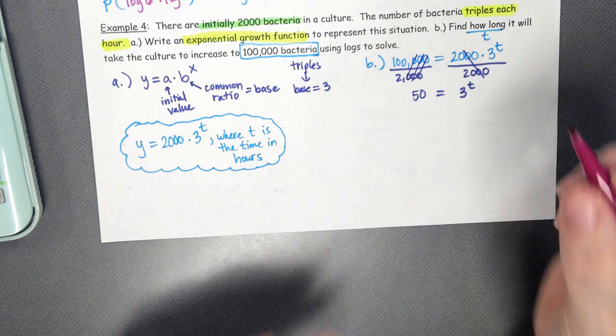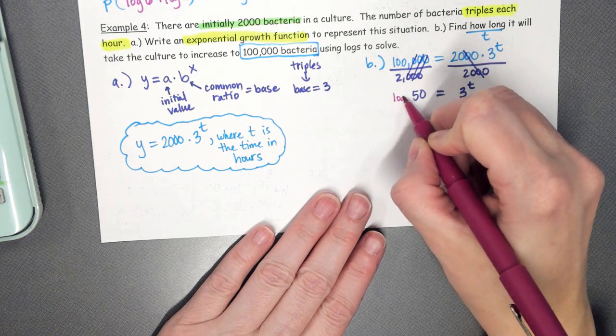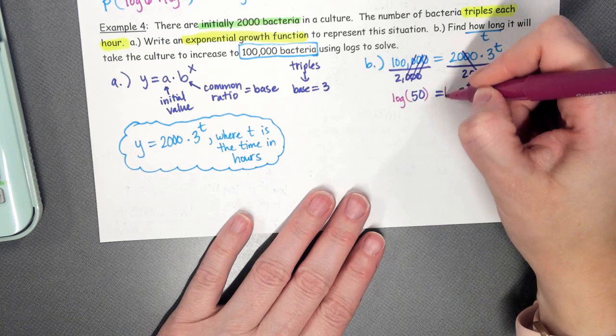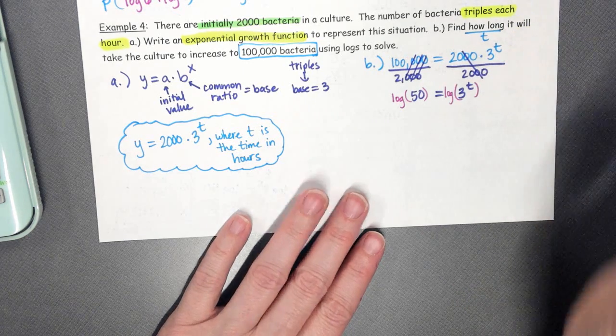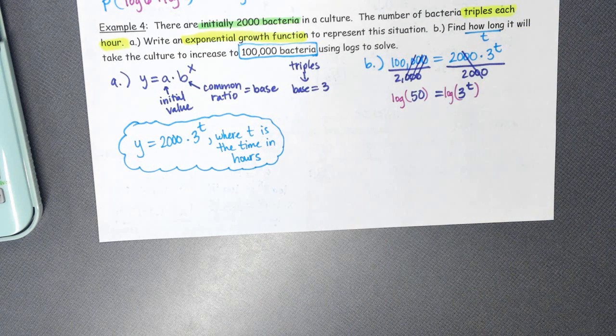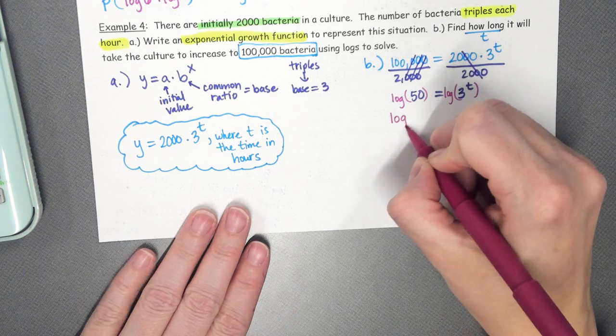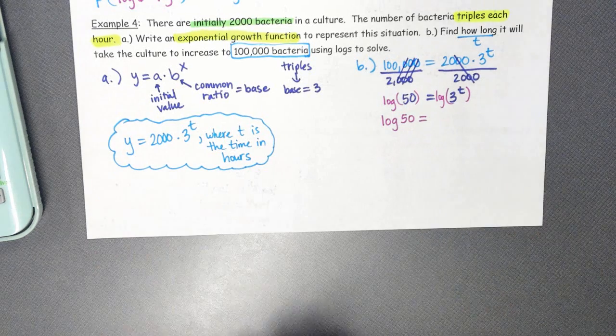So what are we going to do to both sides? Yep, so you can take the log, you can squeeze the log in there so it doesn't look too messy, you can do that. Okay, and then after you take the log, yeah, use your power property.